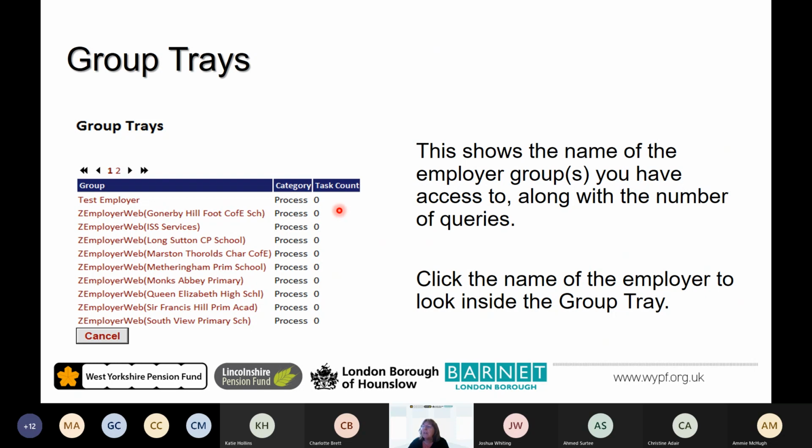So this year, if it says 0, just double click on the employer and actually go into the work tray and make sure that there aren't any hiding there, because I'm not sure that that problem has been fixed yet.